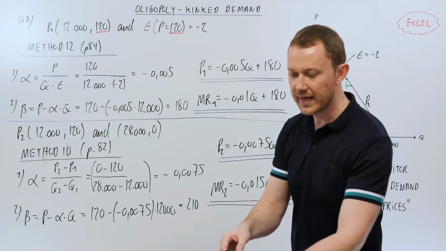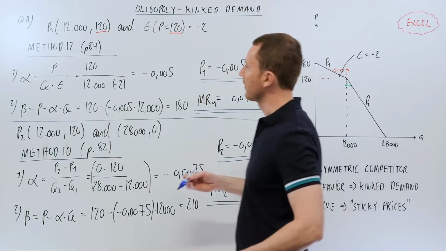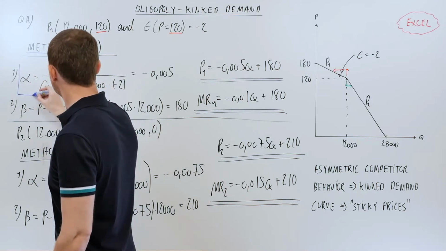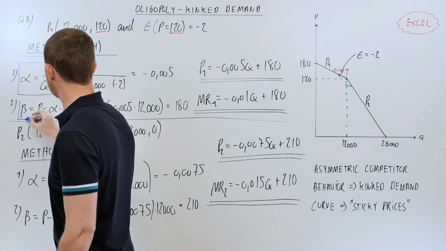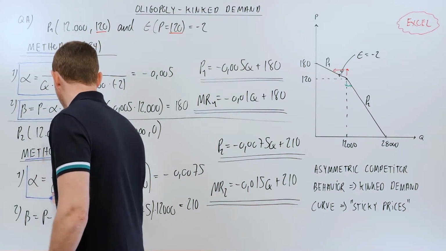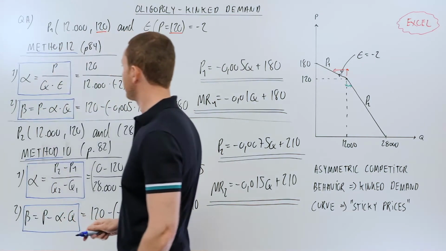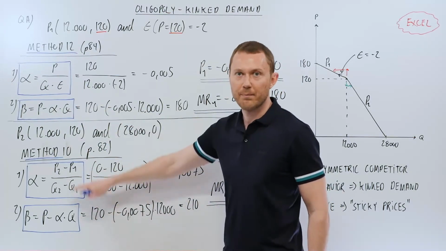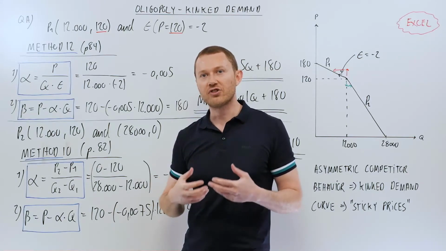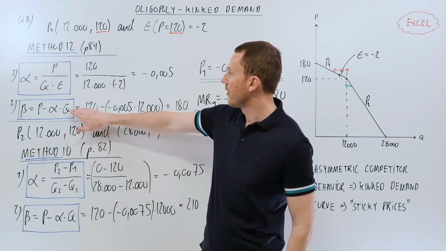So, looking now at the exercise, you will see that I've used some formulas. The formulas, of course, refer to the methods. Here's a formula for deriving slope. Here's another formula for deriving slope. But we use the same formula for deriving beta. So, if you want to do an Excel sheet that can calculate this for you, you just put in the numbers.